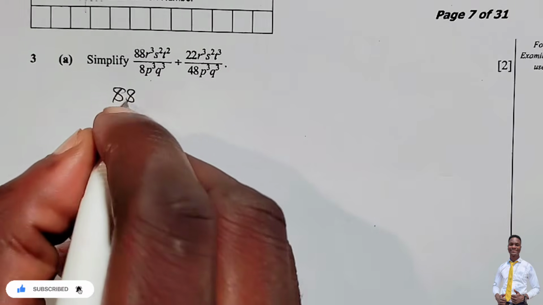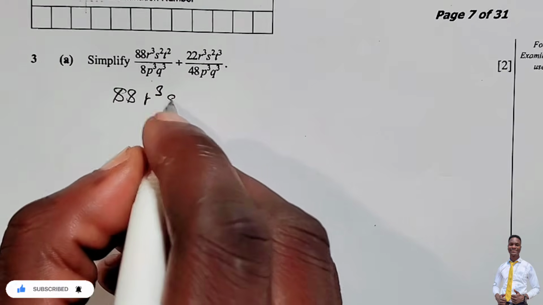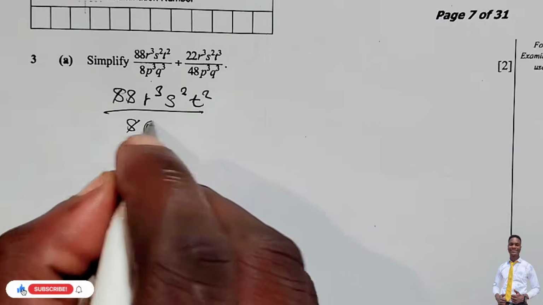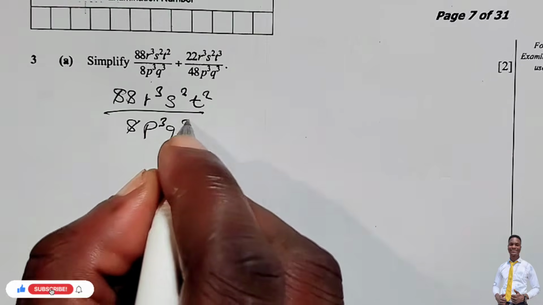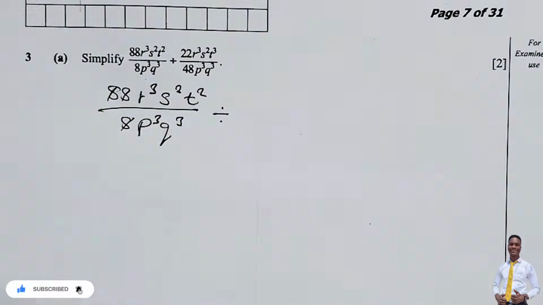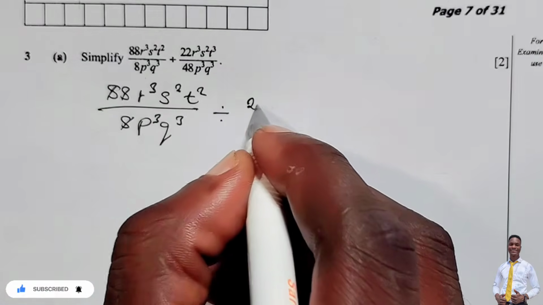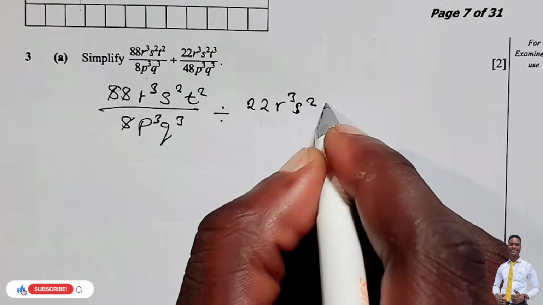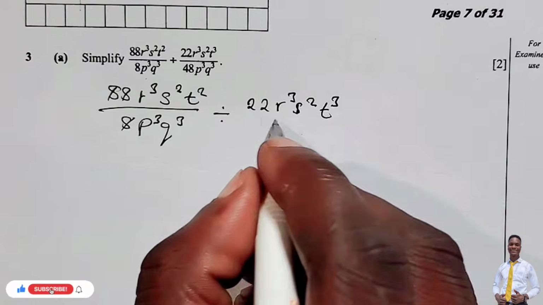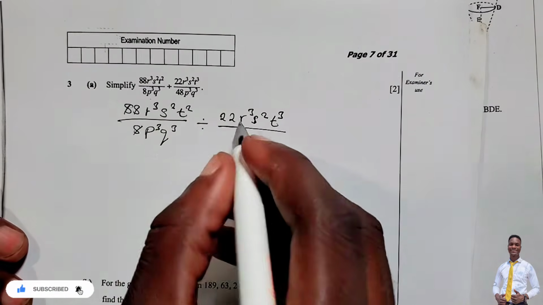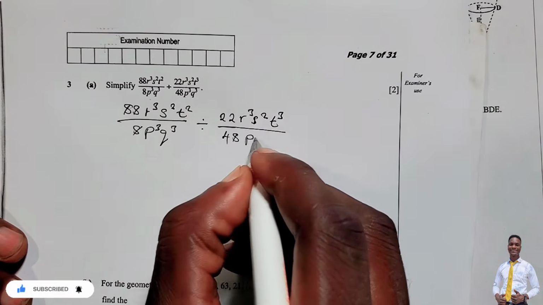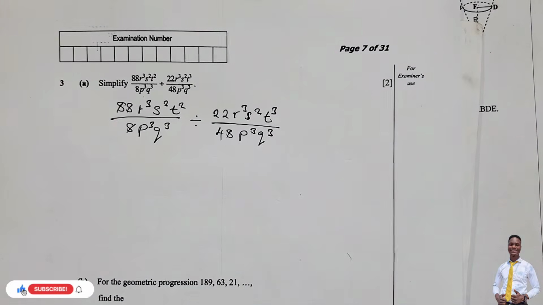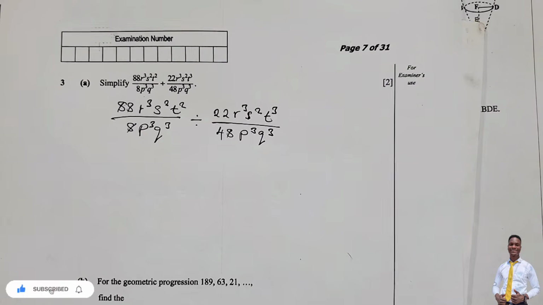So we have 88 r to the power 3, s to the power 2, t to the power 2 over 8 p to the power 3 q to the power 3, divided by 22 r to the power 3, s to the power 2, and t to the power 3 over 48 p to the power 3 q to the power 3. Okay, I hope I've copied the question the way it is.